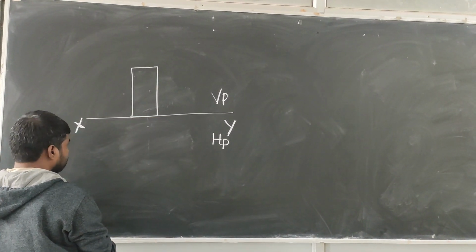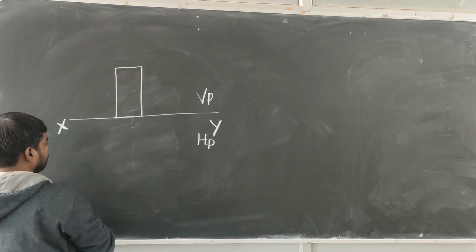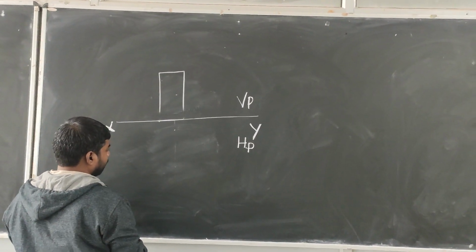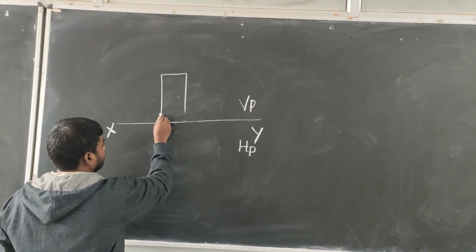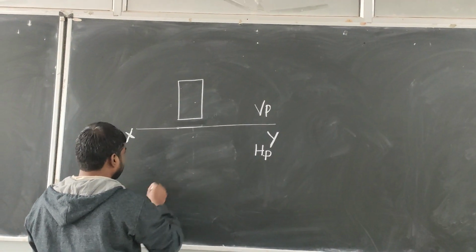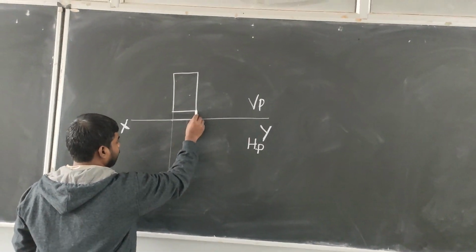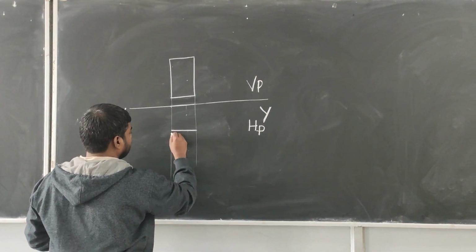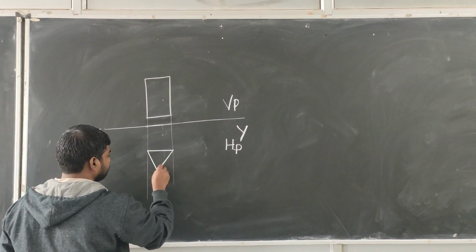Then I have to draw. Sometimes they will give 5 mm above, 10 mm above XY and HP. Otherwise you can draw, giving some space. And you have to extend this line. Then you have to check your location and make the triangle.